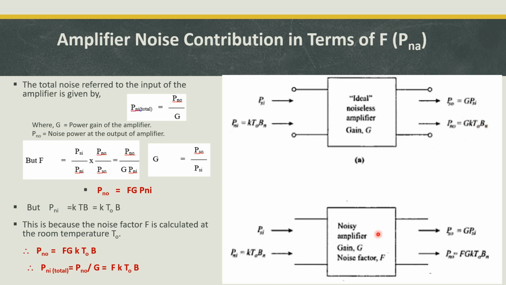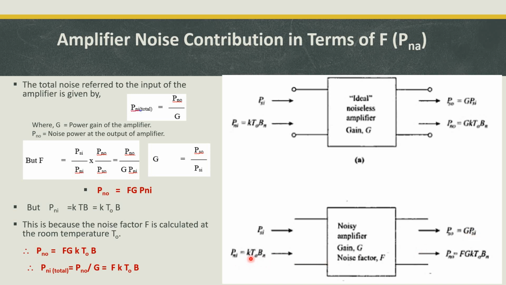Now if the amplifier itself contributes noise, that means a noisy amplifier, because of improper selection of devices and also the temperature, the noise introduced in the amplifier will increase. In that situation, the signal power PSI is multiplied by gain G, so that means GPSI.